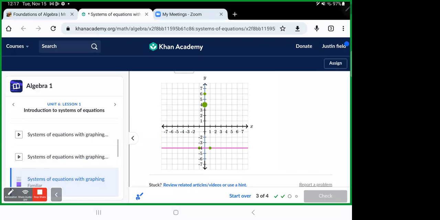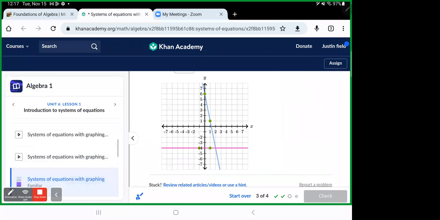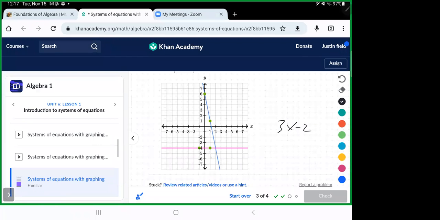Then negative 5 means I'm going to go down 5 and over 1. And then what's the other one? 3x minus 2. So that means I'm going to start at negative 2. And then I'm going to go up 3, right 1.